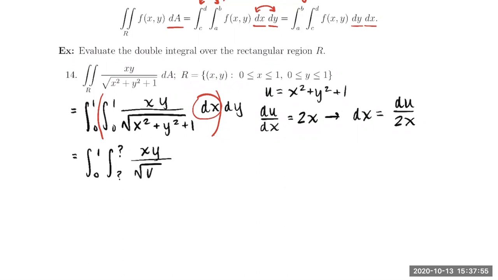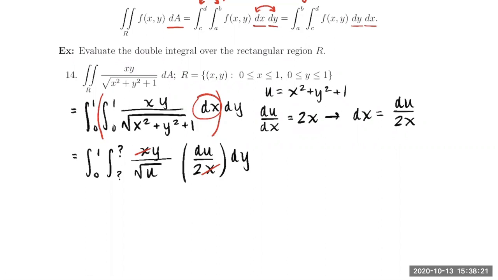On bottom, I swap that for a square root of u, and then I just found that dx is du over 2x. And then again, remembering that dy there. Now I'm going to cancel out all of my x's. And at this point, I know that this was a successful u substitution because I was able to get rid of all of my x's and leave everything in terms of u and y.